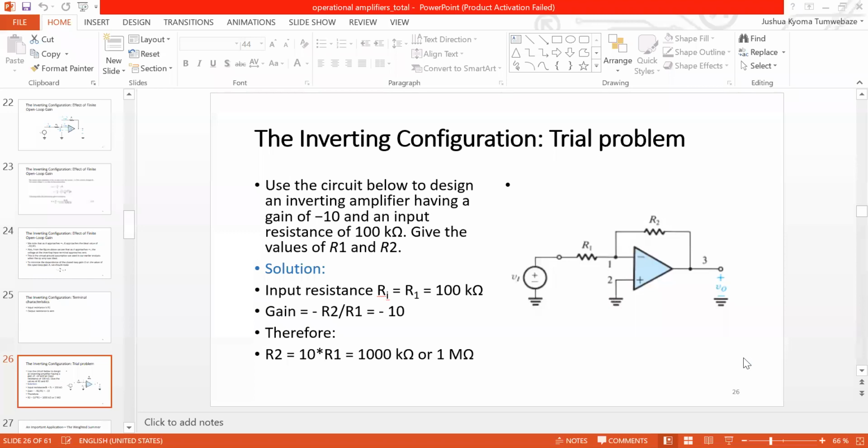The only scenario which can allow that to happen, for current to vary from 0 to infinity, is if the op-amp has 0 output impedance. Okay, that's how I explained it.